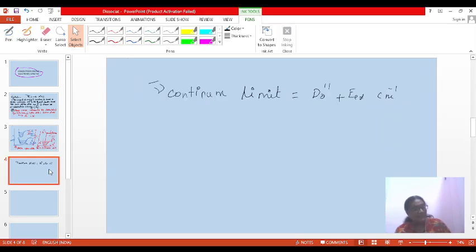For graph A, what kind of information will we get?